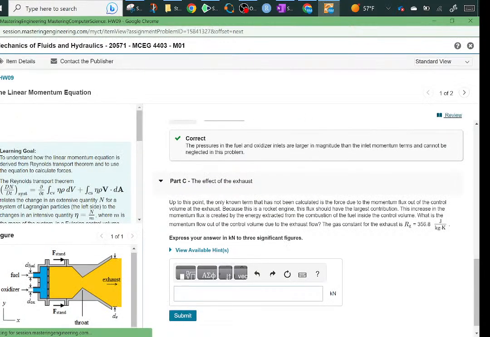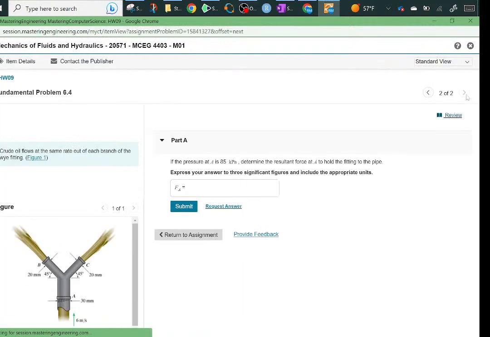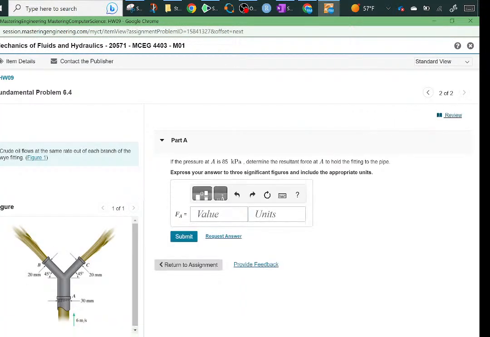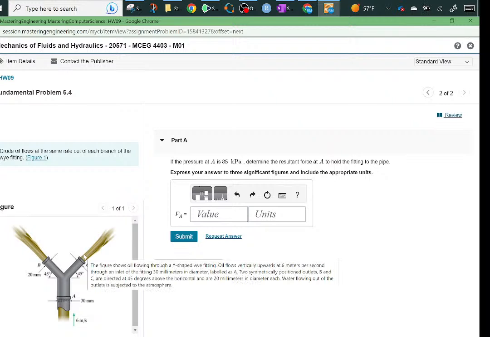What does this say? I don't know what this... Crude oil from out of each branch of the... Okay, so crude oil, the same rate. Rate would imply velocity.